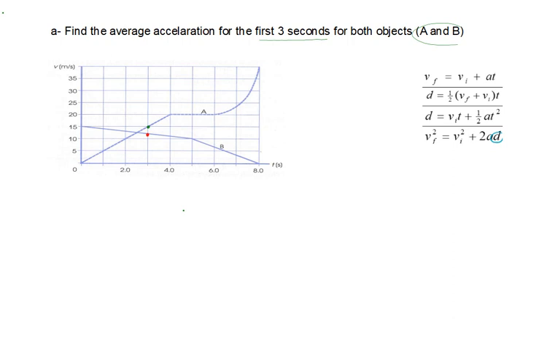You can use two points, point 1 and point 2. That's for A. For B, point 2 is going to be at the bottom there, and point 1 is going to be 0, 15. So let's start with object A.